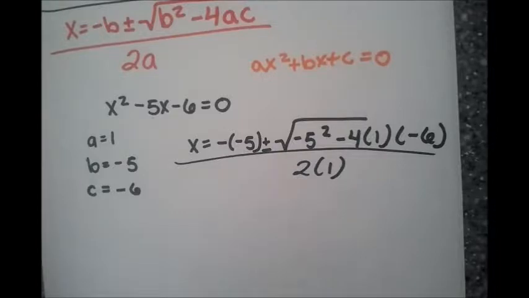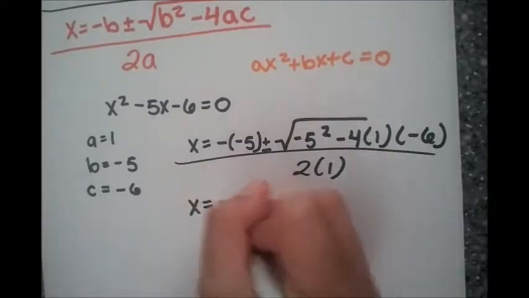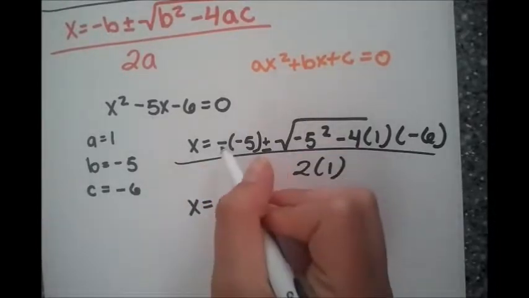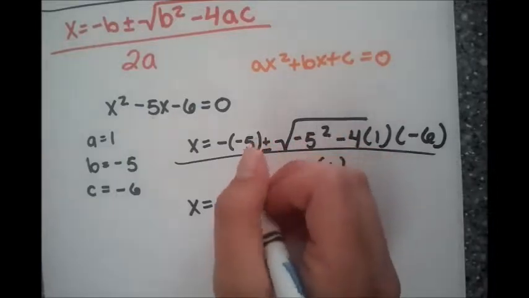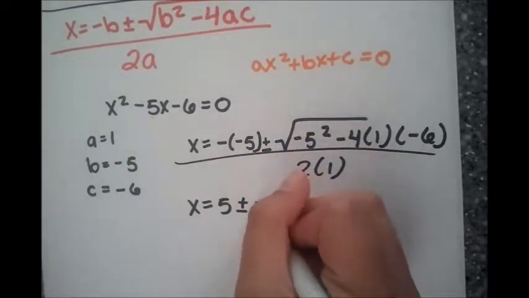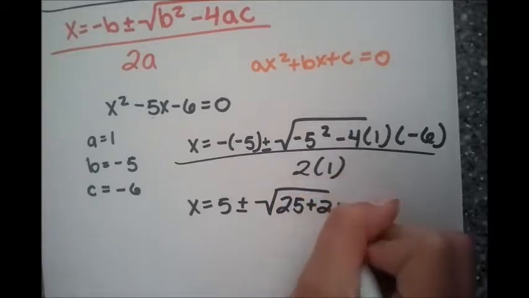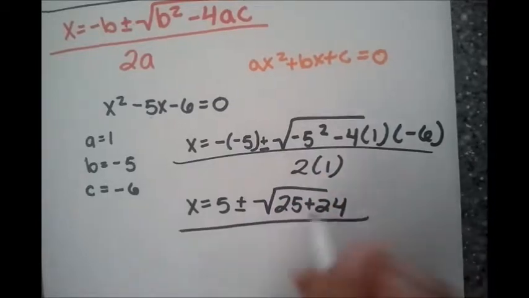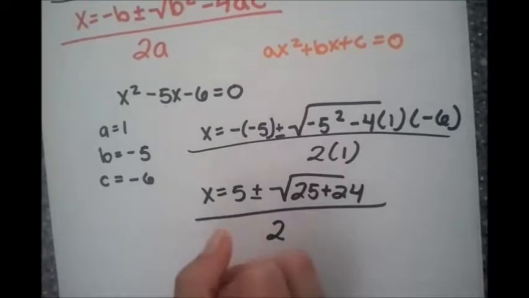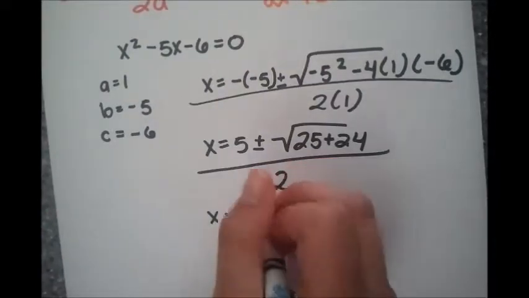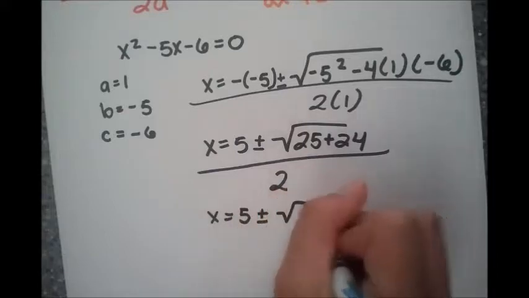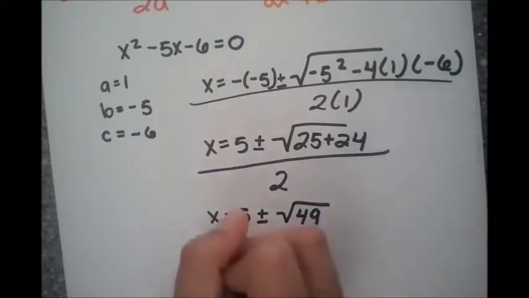Simplified, x equals 5, because a negative times a negative is a positive, plus or minus the square root of 25 plus 24, over 2. That simplifies to x equals 5 plus or minus the square root of 49, all over 2.